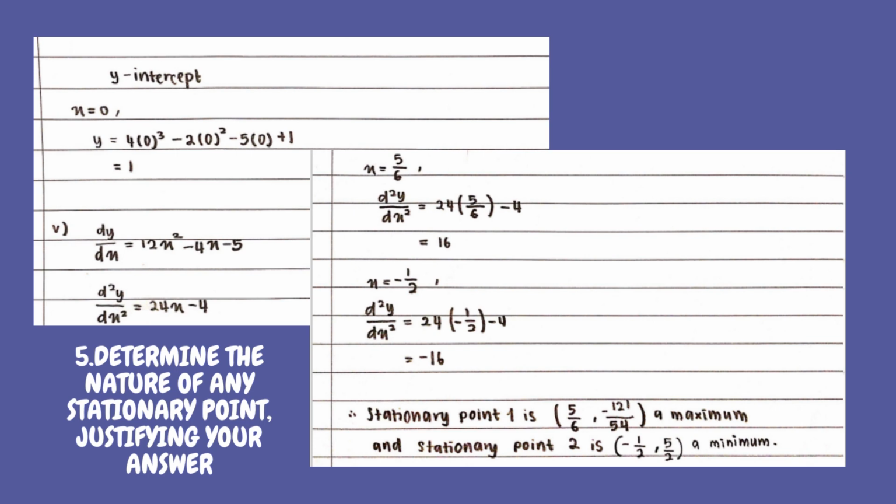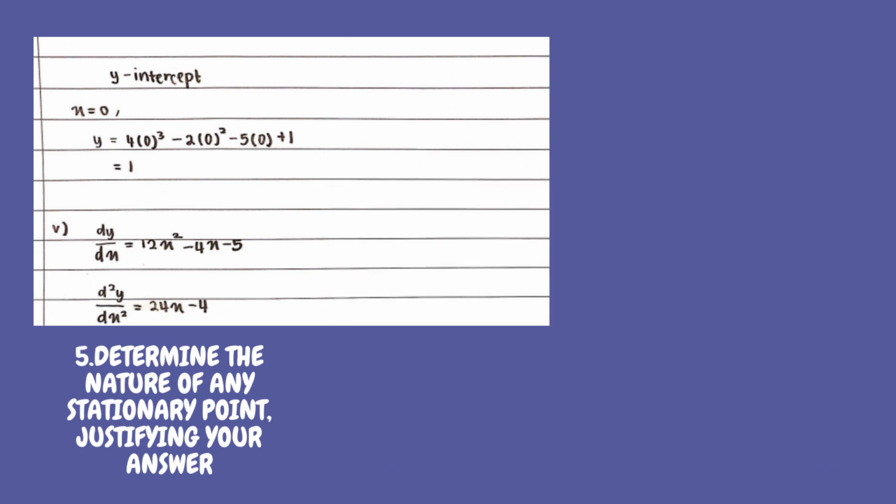So the stationary point 1, which is 5 over 6 and -121 over 54, is a maximum, and stationary point 2, which is -1 over 2 and 5 over 2, is a minimum.